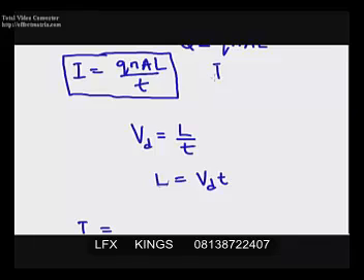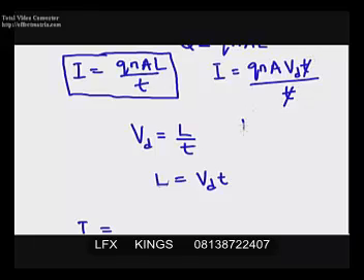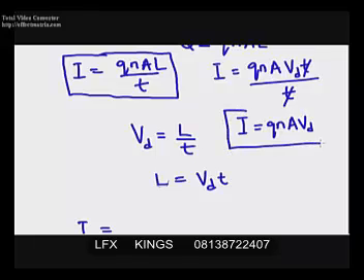Now the current becomes q n A, and since L has become drift velocity multiplied by time, we replace it: Vd multiplied by time, divided by time. Time cancels time, and we have that current is equal to q, which is 1.6 times 10 to the minus 19, multiplied by electron density, multiplied by the area of the wire, multiplied by the drift velocity. So this is the formula you should take to heart.